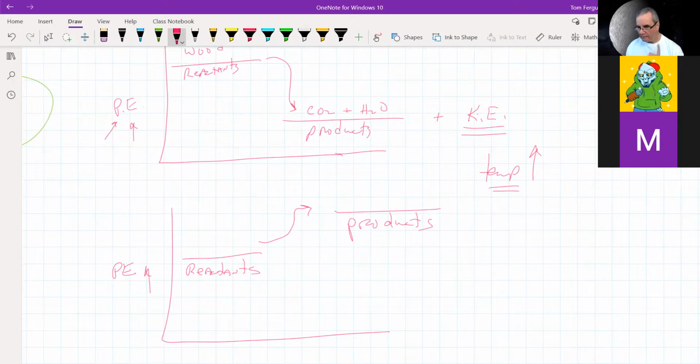Remember what I said, start with stable reactants, but you've got to have more stable products. Otherwise, the reactants are happy the way they are. Why do they want to change? They're already stable. So this scenario doesn't work unless we put energy into the system to make that product potential energy higher, which makes it more unstable.